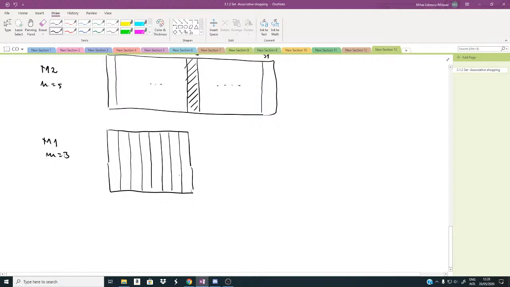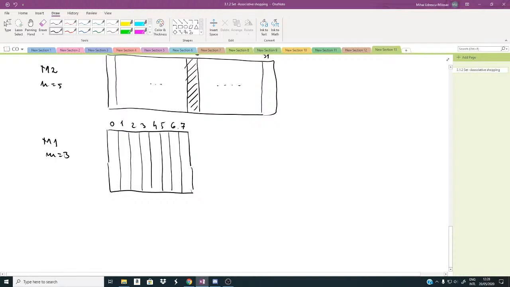Again, maybe my drawing is not very good because these blocks are equal, but this is not obvious from my drawing. I'm sorry about that.